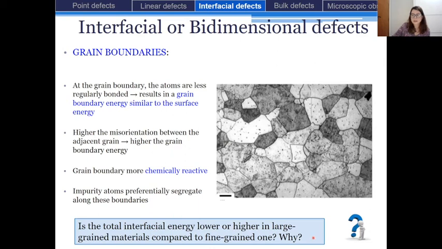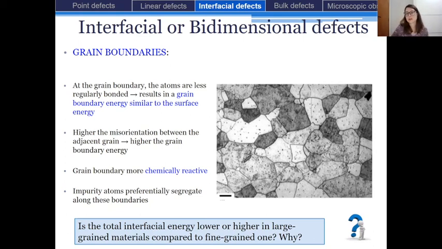And so the question you can think about is: is the total interfacial energy lower or higher in a large grained material or in a fine grained one? So which means, is the interfacial energy higher in the case of materials that have big grains, or in the case of a material that has small grains?